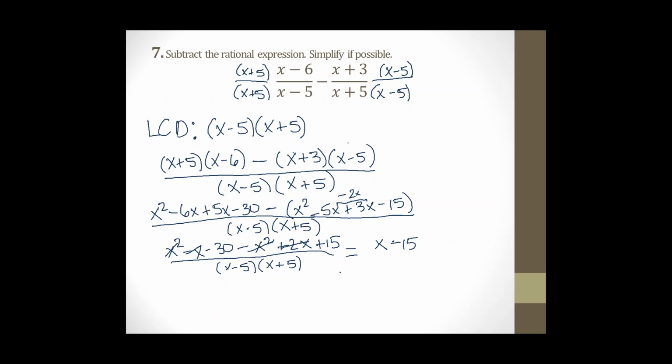So now, bottom, we've got x minus 5, x plus 5, and then we want to see if we can cancel out anything, but I'm actually done because there's nothing else I can factor, and there are no common factors in the numerator and denominator to cancel out. This is actually my final answer. And that letter would be letter B.